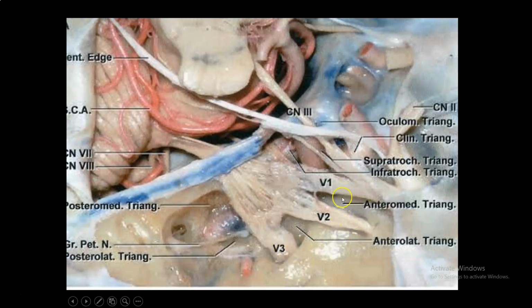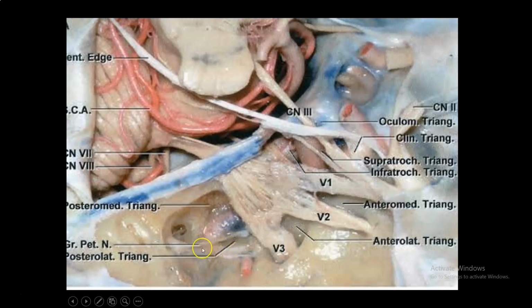So these are two triangles of the middle fossa, and the other two are the posteromedial triangle, medial to the greater superficial petrosal nerve, Kawase's, present in the petrous bone, and the posterolateral triangle of Glasscock, present in the floor of the middle fossa.